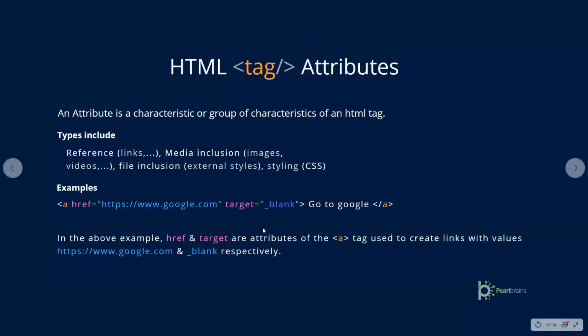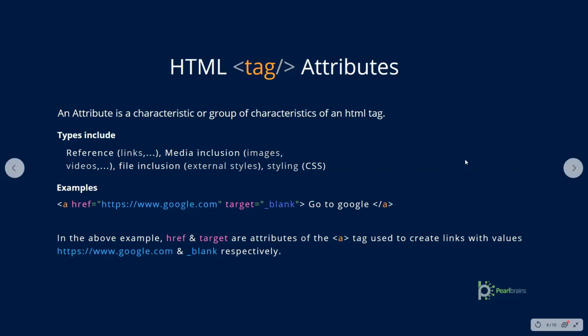So the target is blank. The href shows you where you want to go when you click this, and the target is whether to open in the current tab or in a new tab. Then the "go to Google" is what you see when the browser reads this line; it displays "go to Google", and when you click it, it will take you to Google.